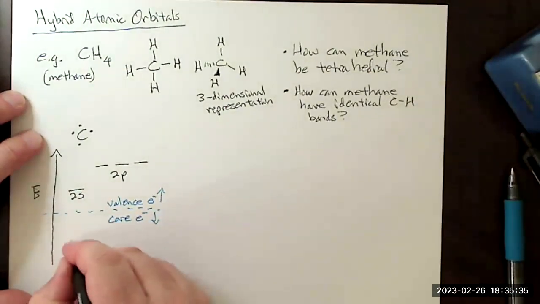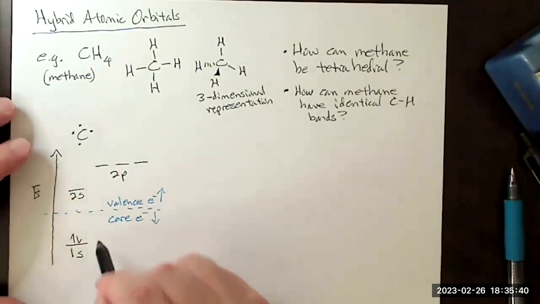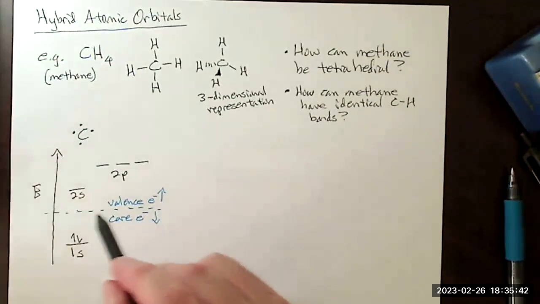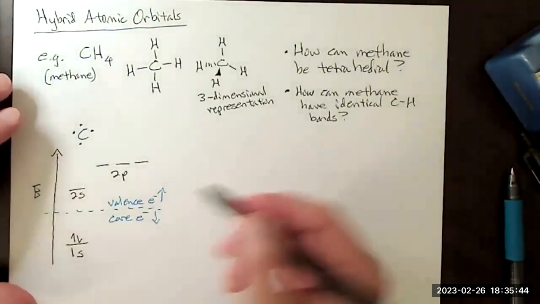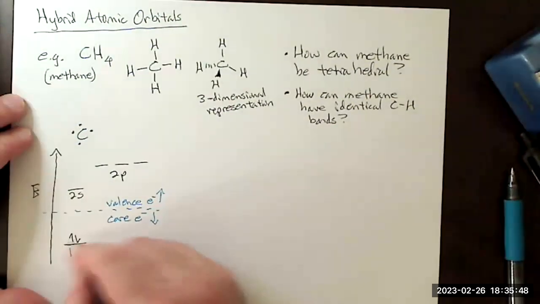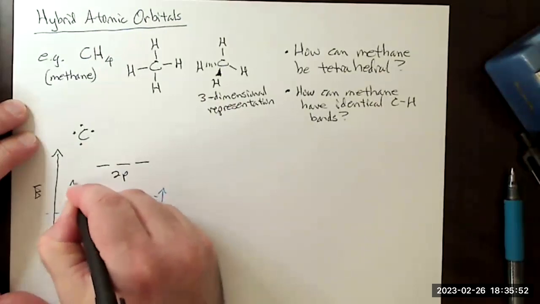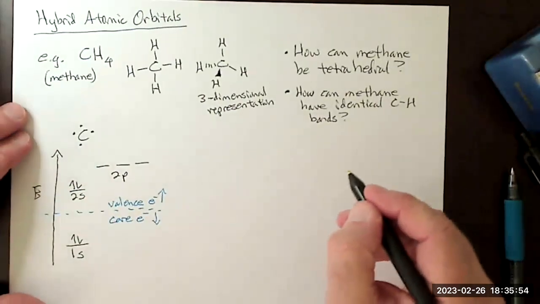So any electrons in the inner shells, we call those core electrons. In the outermost or valence shells, we call those valence electrons. So we have 6 total electrons in carbon. 2 are in the 1s orbital. Those are core electrons. The others are in the 2s and 2p orbitals.